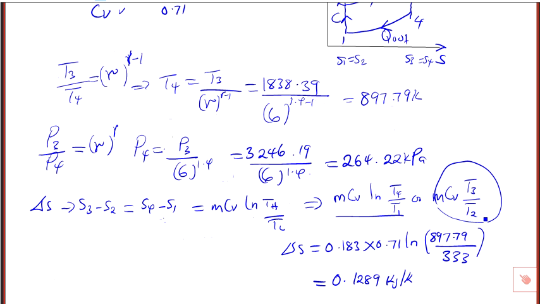You can also try it using T3 over T2, and you find that you'll get the same answer.